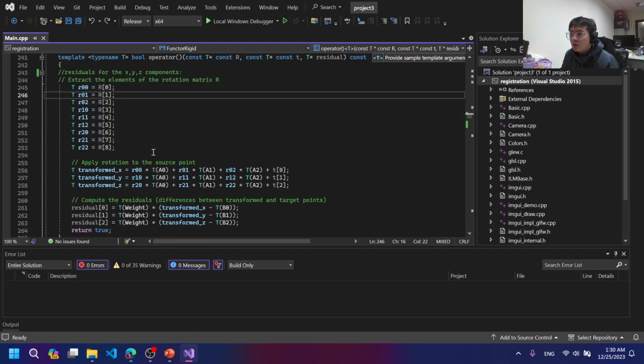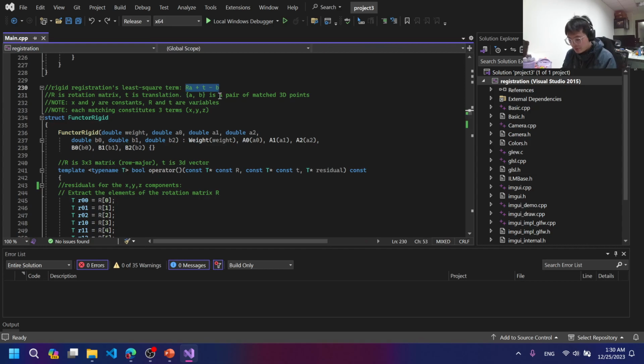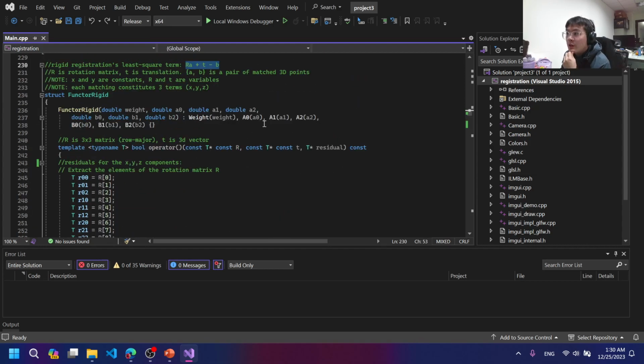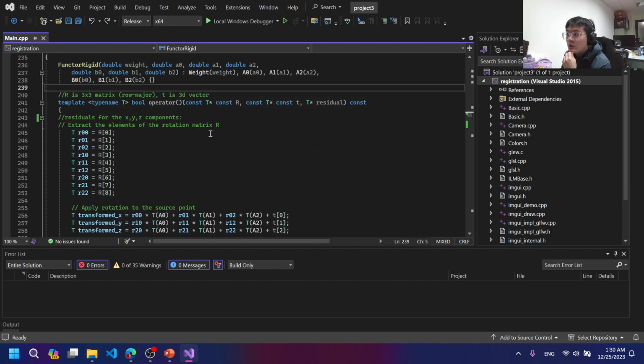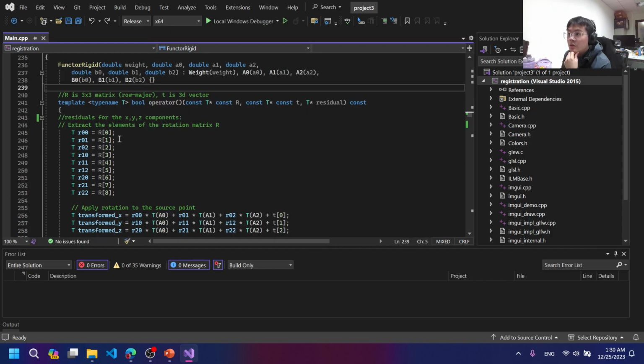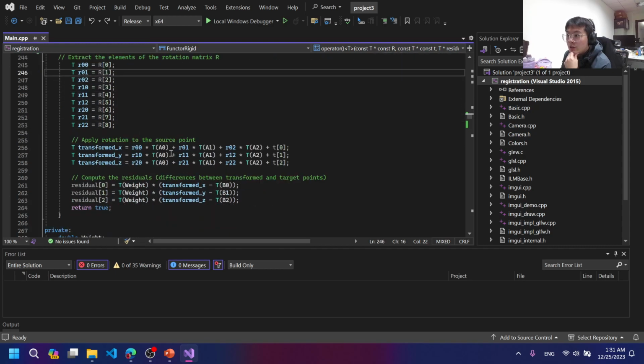So first, let's remember the formula RA plus T minus B. We have our points A0, A1, A2 and B0, B1, B2. I extracted the elements of rotation matrix R into these variables, and then it's R into A.